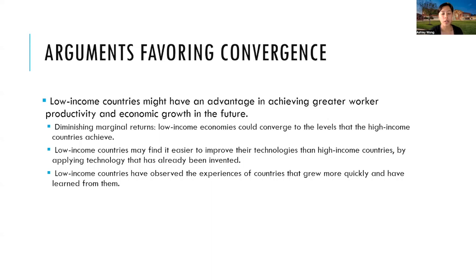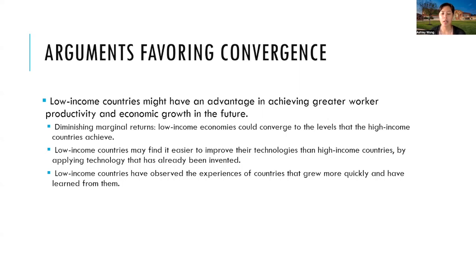Lower income countries may find it easier to improve technologies because they can just immediately apply technology that was already invented when the high income countries were growing in the past. For example, with things like internet, electricity, these lower income countries that have not fully adopted this new technology, instead of adopting the old dial-up internet that was popular 20, 30 years ago, they're just going to jump straight to Wi-Fi or maybe fiber optic.